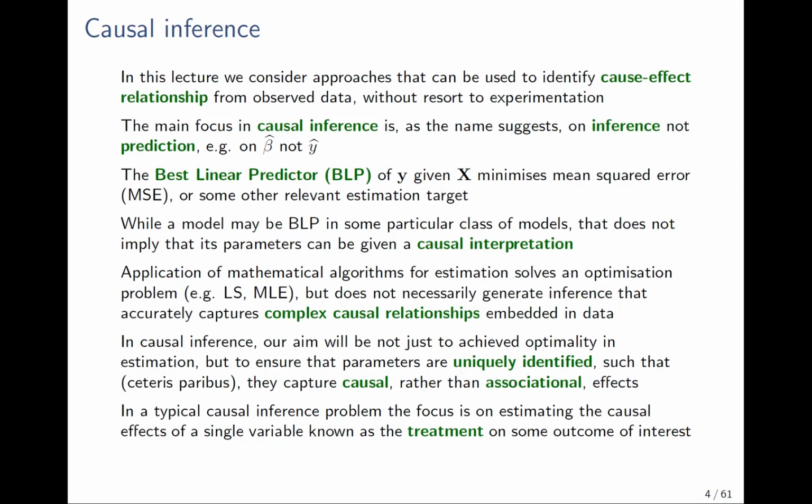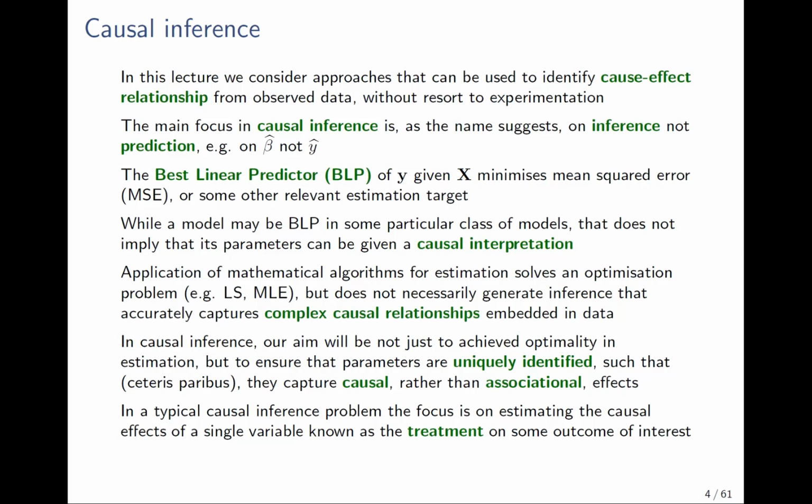If we think about something like the best linear predictor of y given x, which we've talked about in previous lectures, this minimizes mean squared error or some other relevant estimation target, and that's good. It provides a good prediction of y given covariates x. But while a model might be BLP in some particular class of models, that doesn't mean that its parameters can be given a causal interpretation.